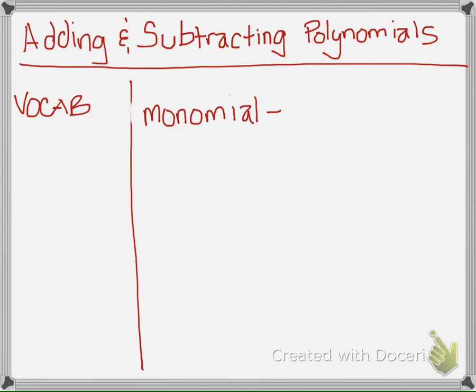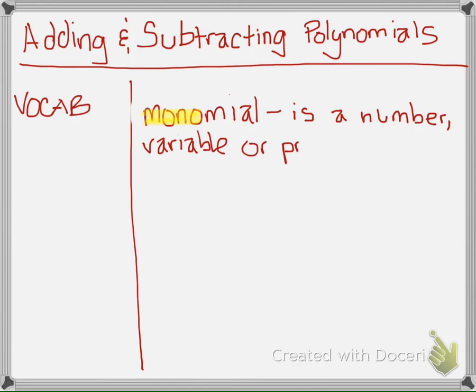Monomial has the root word mono. Mono means one. So a monomial is a number, variable, or product.